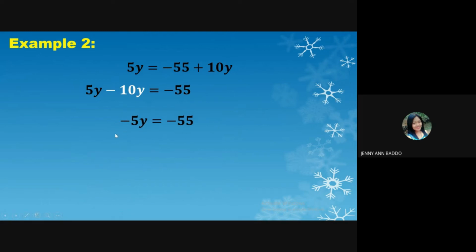Now, since we have a numerical coefficient of y, we have to divide both sides by the numerical coefficient, which is negative 5. Cancel negative 5. So we have y equals negative 55 divided by negative 5. That's positive 11. Therefore, 11 is the solution of the given equation.